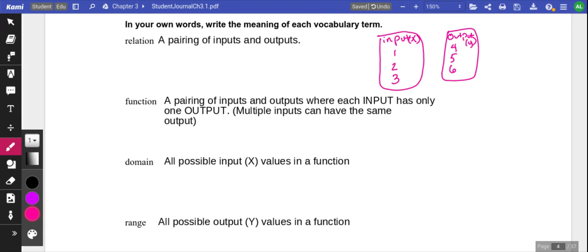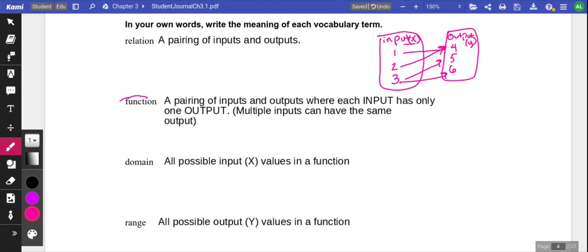A relation pairs any combination of these inputs and outputs. Let's say 1 and 2 both give me 4, and then 3 could give me 5, or it could give me 6. When I'm talking about inputs and outputs, I'm plugging in these x values, 1, 2, and 3, and I'm getting 4 for 1 and 2, and then either 5 or 6 for 3.